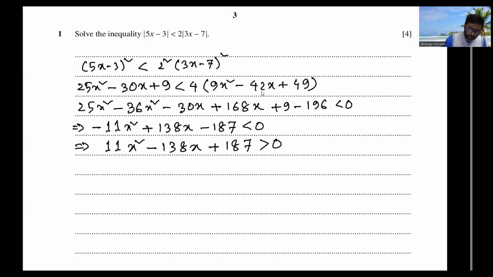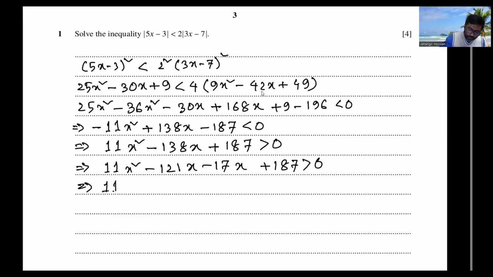To find the critical values, you can use the middle term break, or you can use the direct formula to solve this equation. If you use the middle term break, it will be 187, that's 121 minus 121x minus 17x. You can use the direct formula for solving.